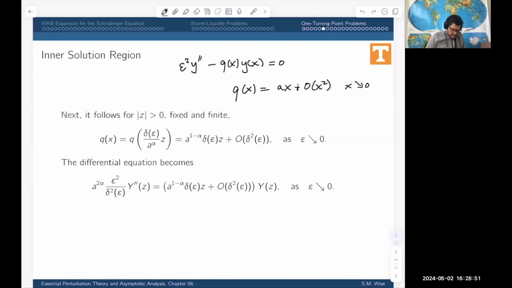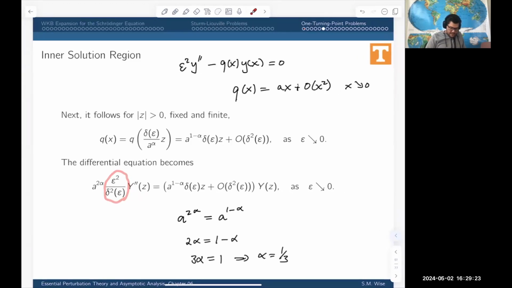So all I want is for a to the 2 alpha to balance with a to the 1 minus alpha. In other words, 2 alpha should be equal to 1 minus alpha. So we get 3 alpha is equal to 1, which produces alpha equals a third.